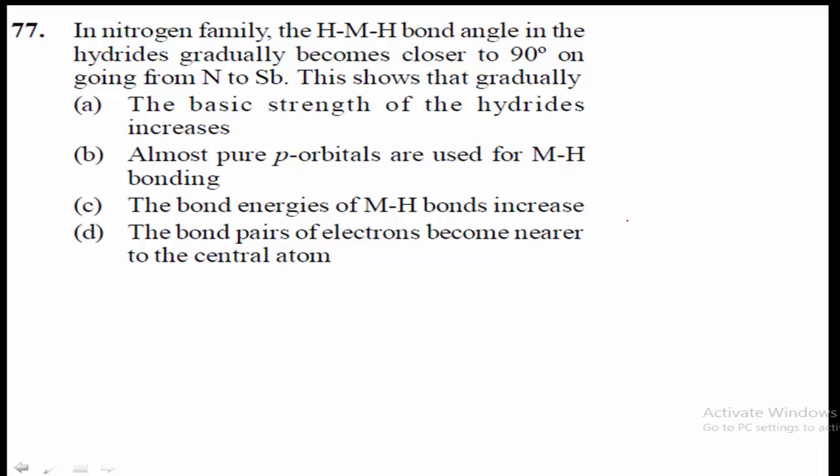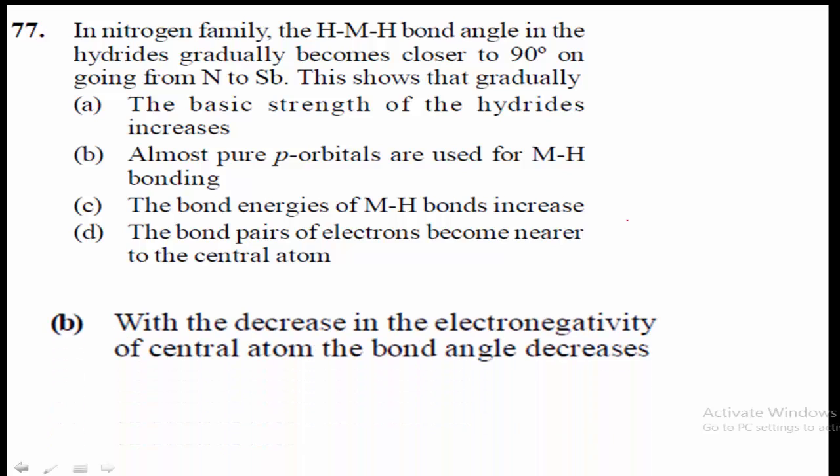The bond energies of M-H bonds increase. The bond pairs of electrons become nearer to the central atom. You can recall from the theory that with the decrease in electronegativity of central atom, the bond angle decreases. Hence, option B is correct. That is, almost pure p orbitals are used for M-H bonding.